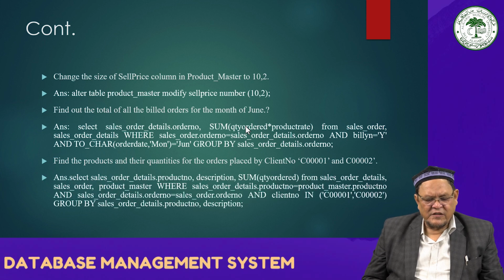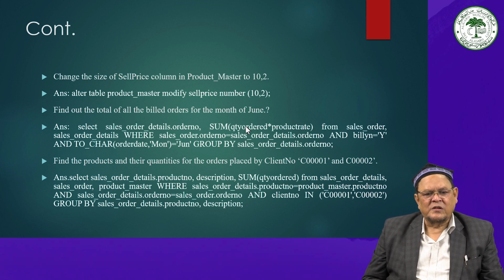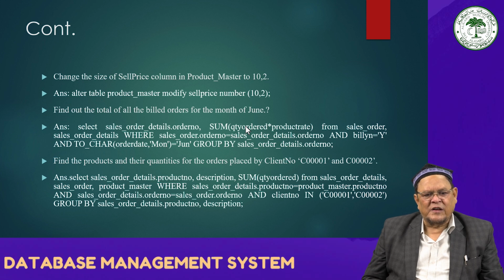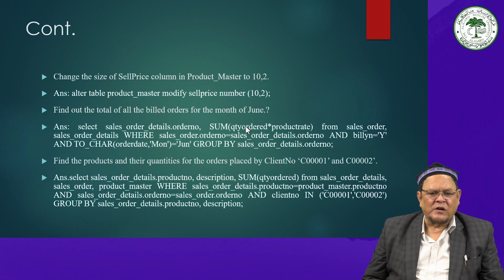The answer is select sales order detail.product number, description, sum of quantity ordered from the three tables sales order detail, sales order and product master, where sales order detail.product number must be equal to product master.product number and sales order detail.order number must be equal to sales order.order number and client number in 'C00001', 'C00002', group by sales order detail.product number and description.